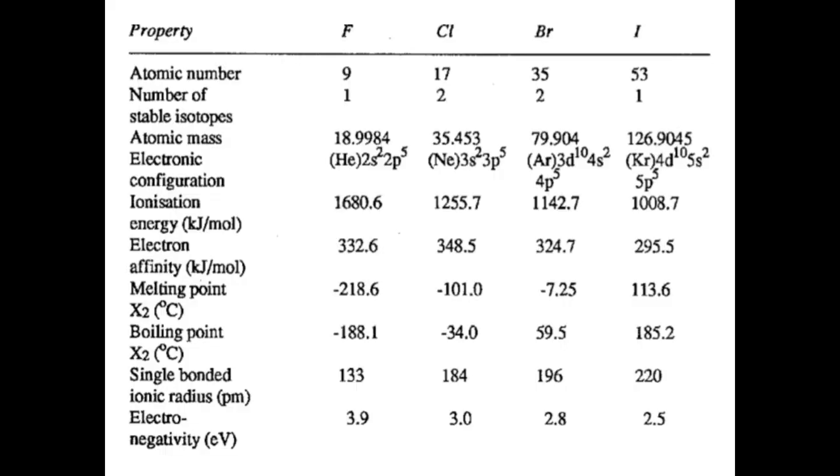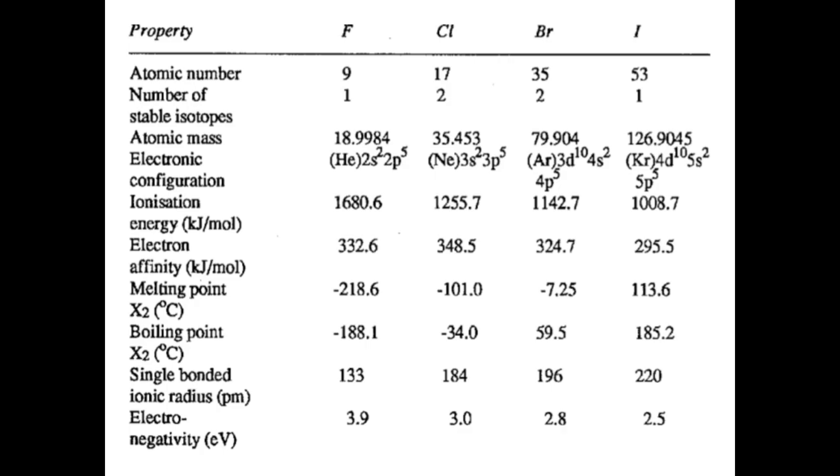Okay, let's look at some of the other properties of the periodic table in terms of the quantitative or numerical values now. Fluorine, chlorine, bromine and iodine have atomic numbers 9, 17, 35, and 53. You can see the number of stable isotopes that they have.